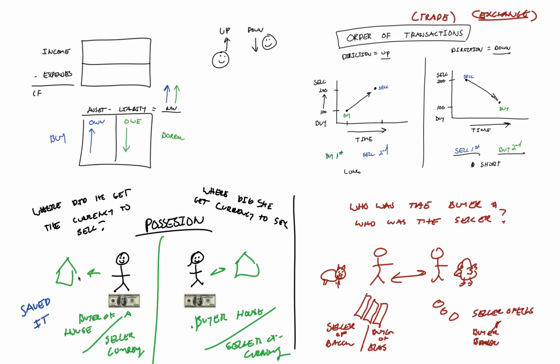I said, okay, well, you can do that. So he had some money that he owned, and he just traded it for a house. Out went the money, and in came the house. Make sense? Fantastic. You saved it. So he did it with something that he owned. That's how he made this sale. He sold because of what he owned.